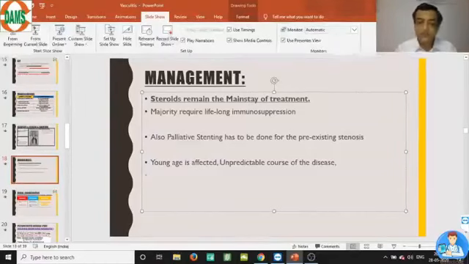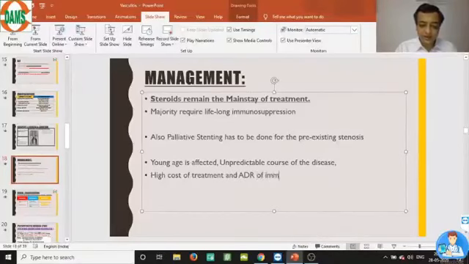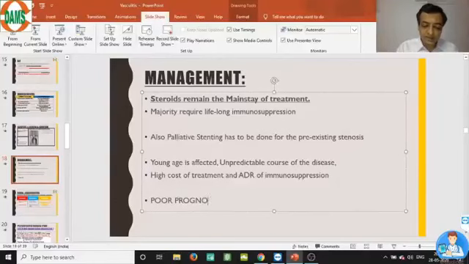There is high cost of treatment, and there is adverse drug reaction of immunosuppression. Hence the prognosis remains poor.